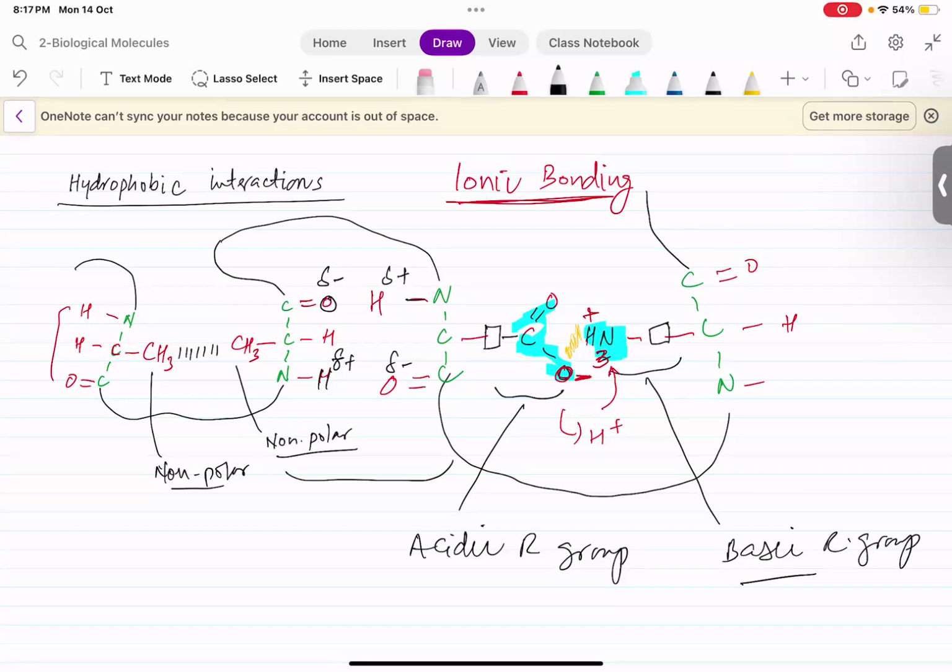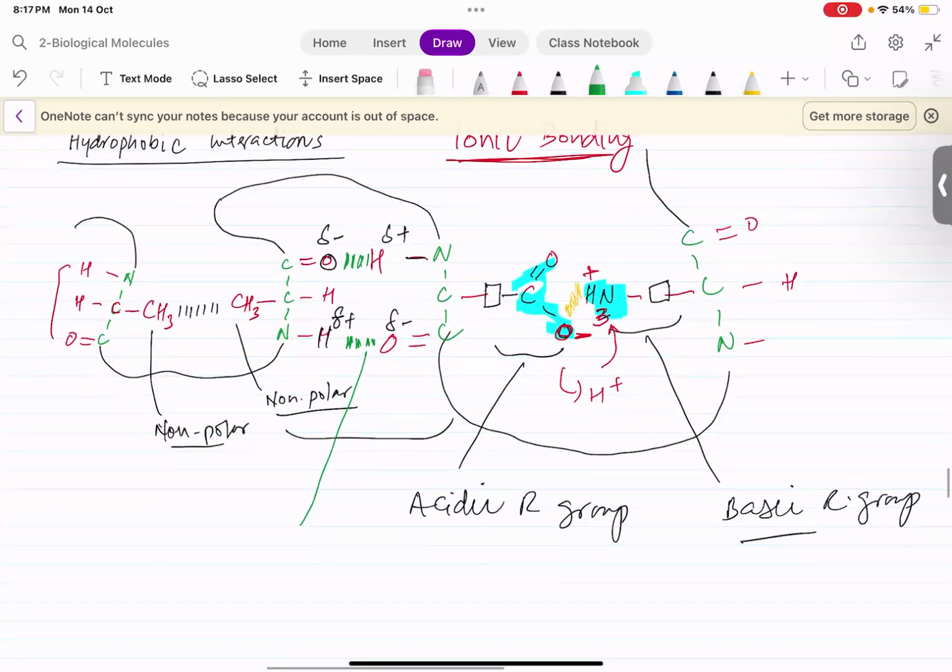So the weak electrostatic force that develops in between this partially negatively charged oxygen and partially positively charged hydrogen, this weak electrostatic force in between this hydrogen and oxygen is known as hydrogen bonding. So this is hydrogen bonding. Why there is a partial positive charge on hydrogen and why there is a partial negative charge on this oxygen, we'll discuss that later in water.